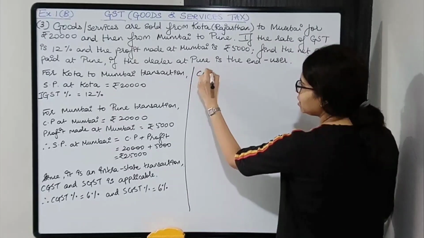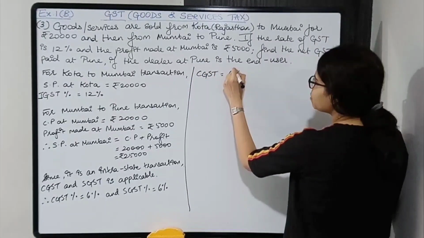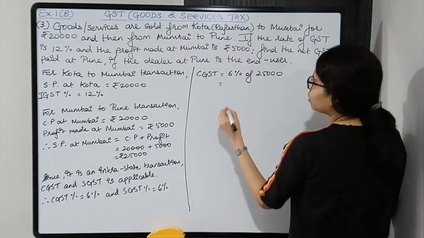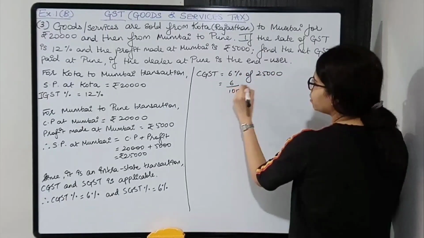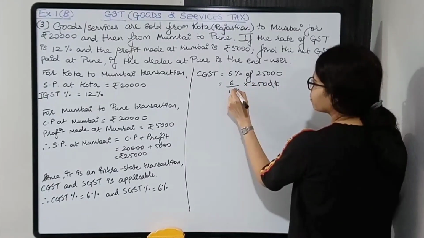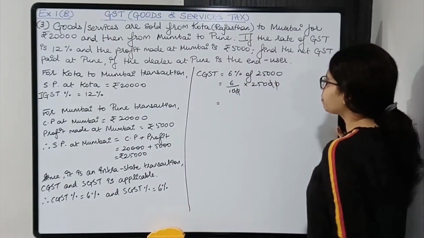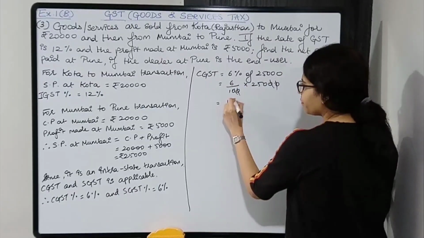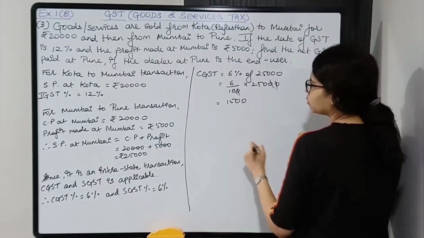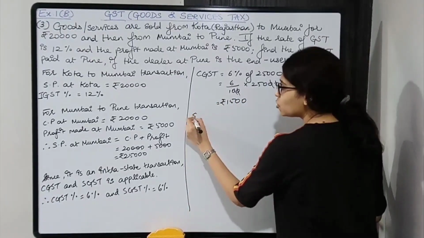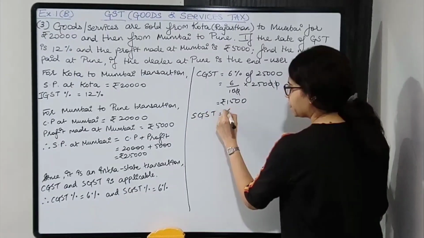So CGST will be 6% of 25,000. So that will be 6 upon 100, of means into 25,000. Okay. 25 6 so it will be 150 and 0. Okay. So 1,500 rupees.